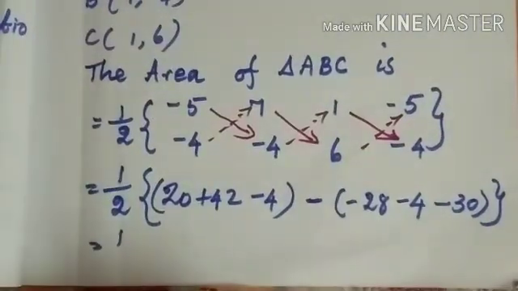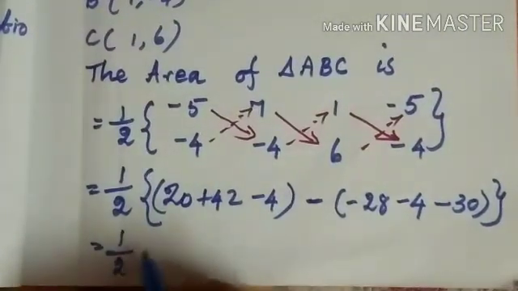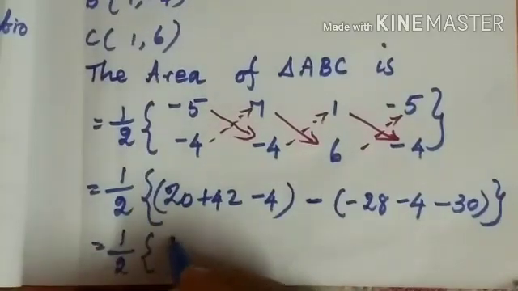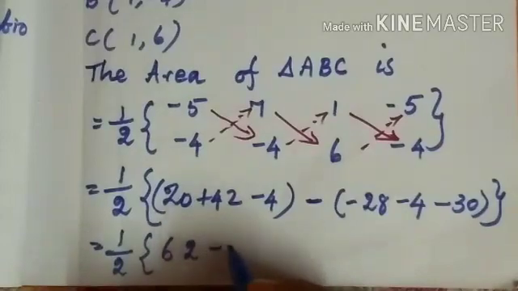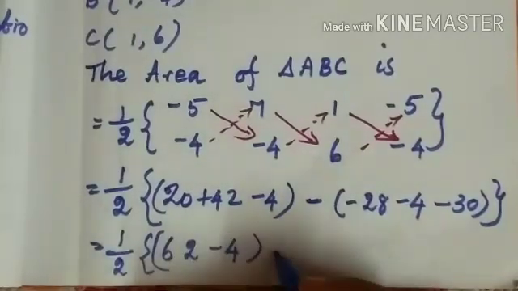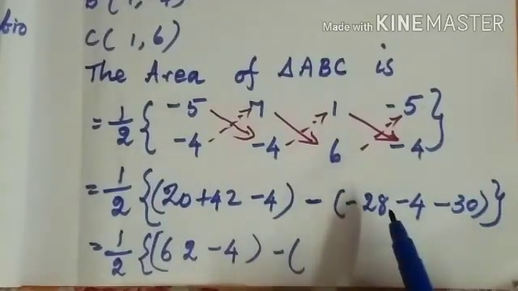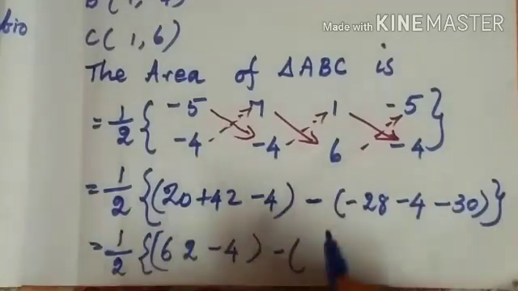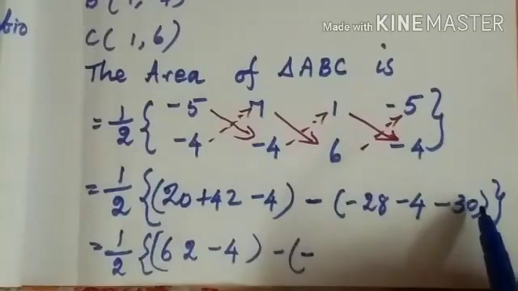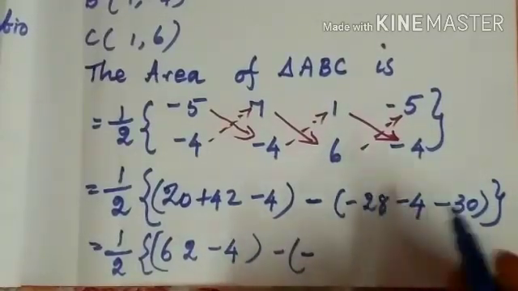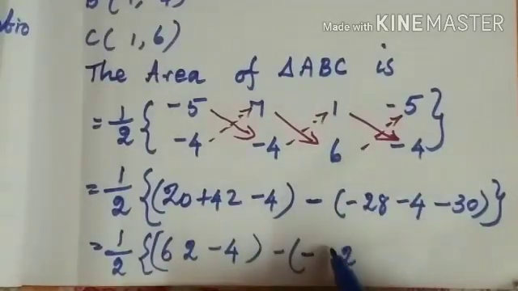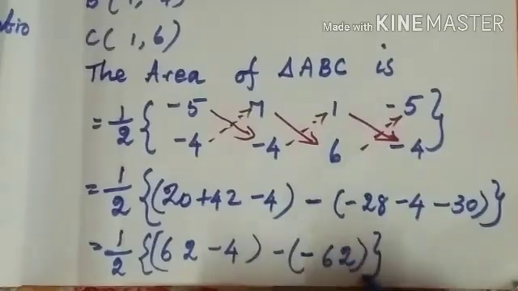Now you add this, which means we get 20 plus 42, 62, minus 4, then minus of minus 28 minus 4 minus 30. Add, which means we get 62.